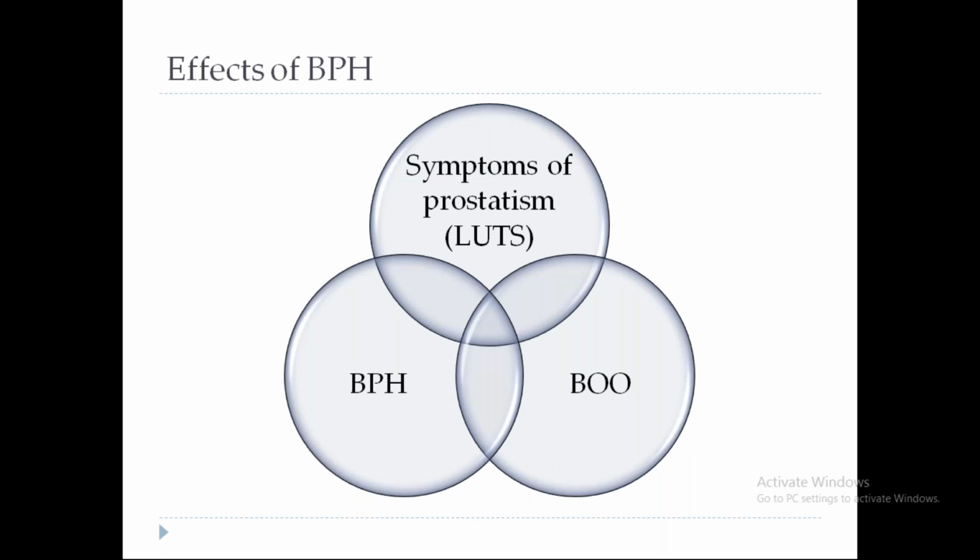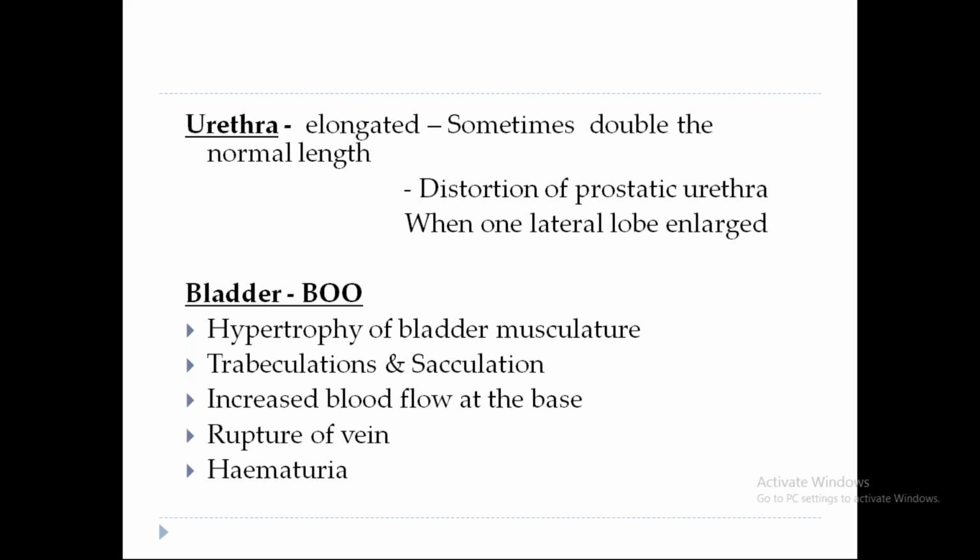So what are the effects of BPH? Symptoms of prostatism, lower urinary tract symptoms, BPH and bladder outlet obstruction. First the urethra will be compressed, it will be elongated, sometimes double the normal length. Distortion of the prostatic urethra when one lateral lobe is enlarged.